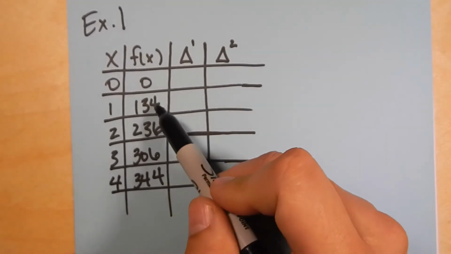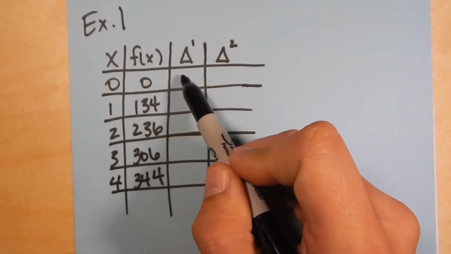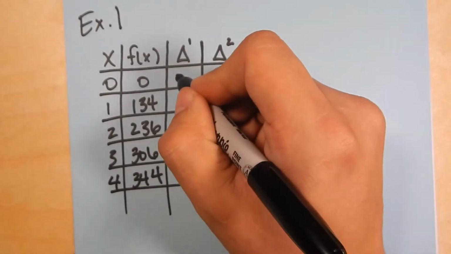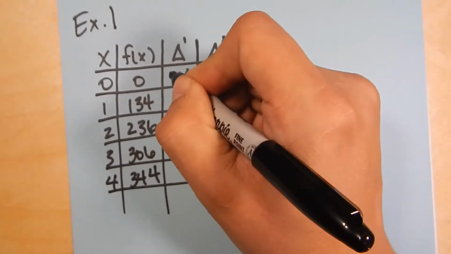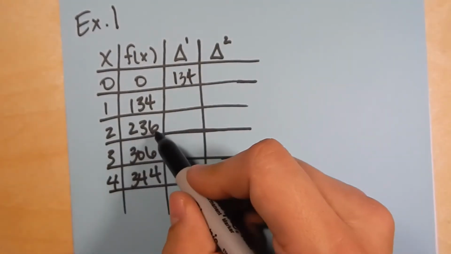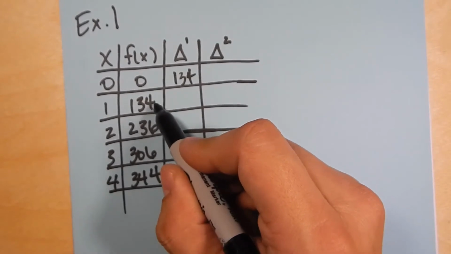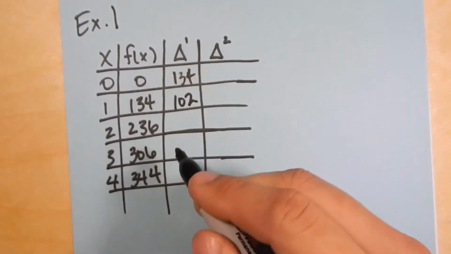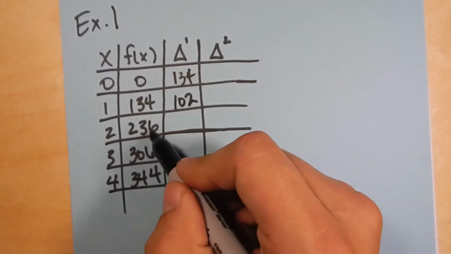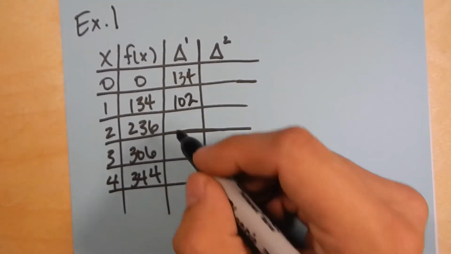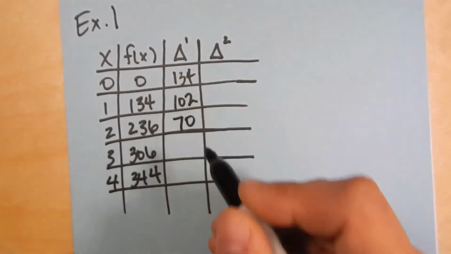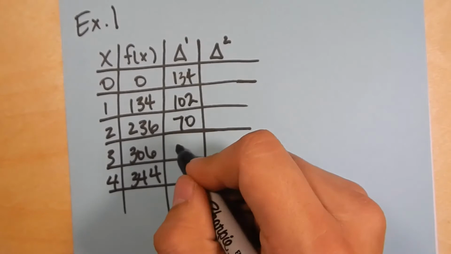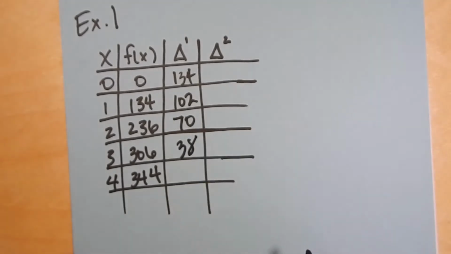So we take this minus that, which gives us this. 134 minus 0, that one's not tough. We take 236 minus 134, and that is 102. Then we take 306 minus 236, that is 70. We take 344 minus 306, and that gives us 38.